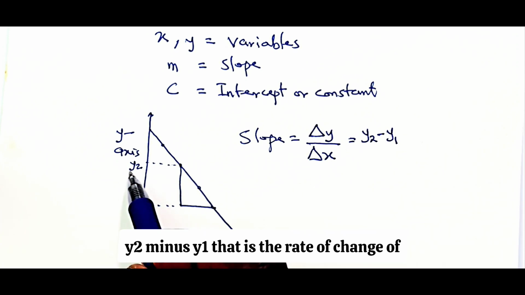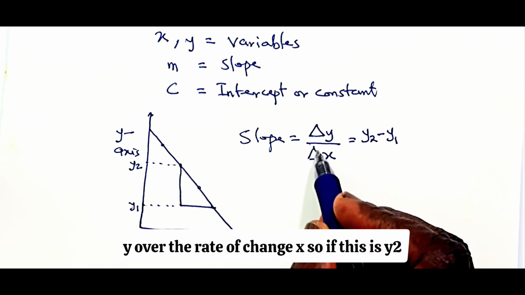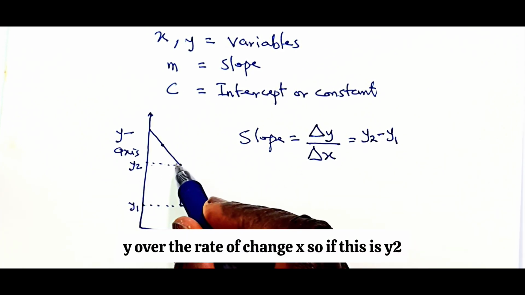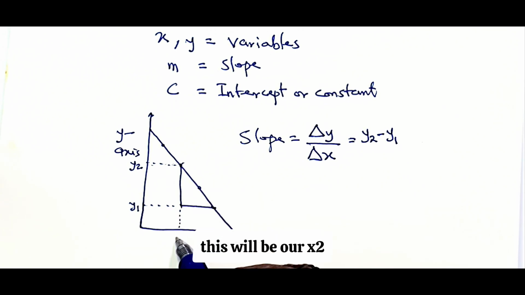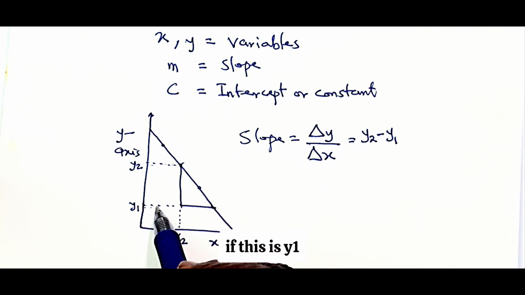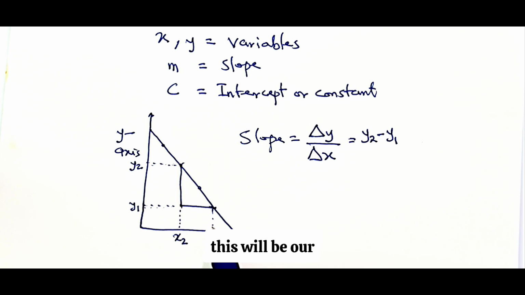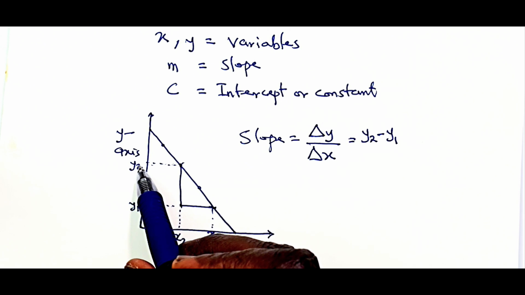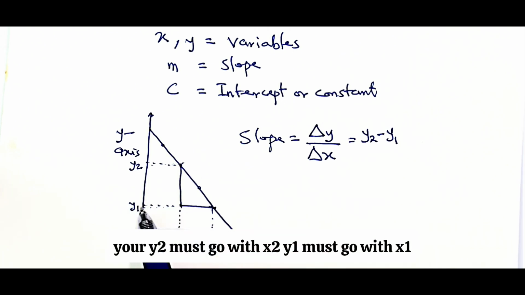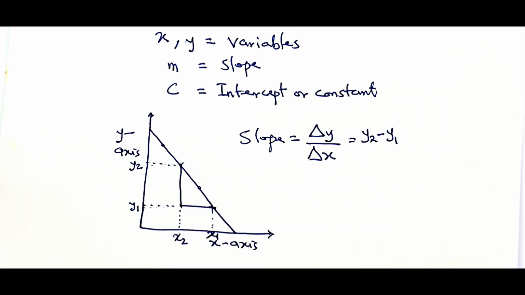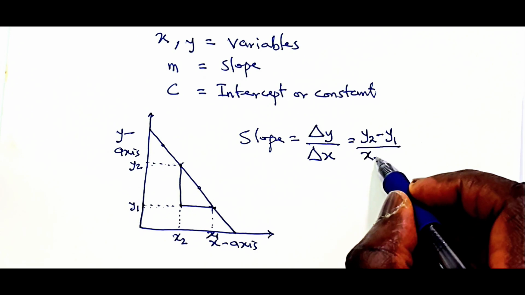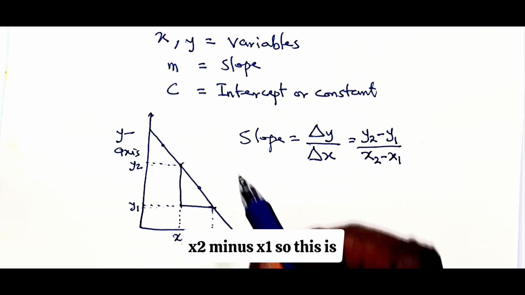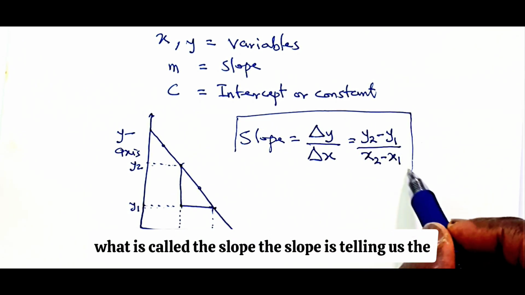So if this is y2, this will be our x2. If this is y1, this will be our x1. We have to be very careful with that, because your y2 must go with x2, and y1 must go with x1, divided by x2 minus x1. So this is what is called the slope.